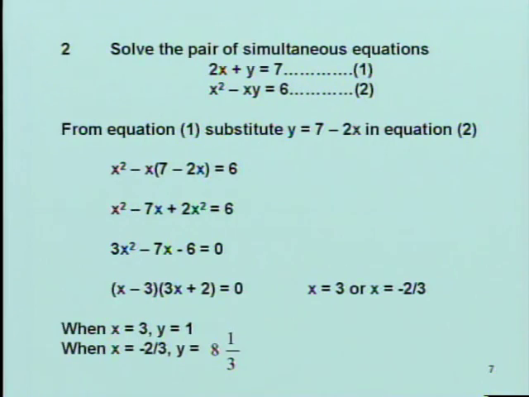Factorizing the left-hand side, we'll have x minus 3 times 3x plus 2 equals 0, which will give us x is equal to 3 or x is equal to minus 2/3. Substituting, when x is equal to 3, y is equal to 1. And when x is equal to minus 2/3, we'll have y is equal to 8 1/3.